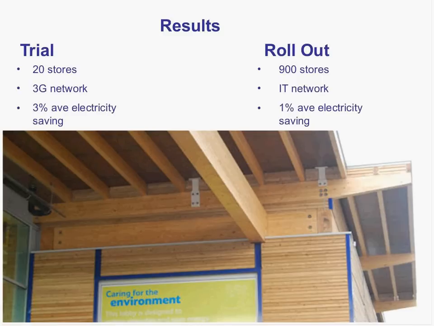What we found when we actually did the full rollout was that the savings we got throughout the first year were only 1%. Still absolutely phenomenal savings, and the return on the investment was well within the year. We wondered about the difference between 3% and 1% and looked into it a little more deeply.